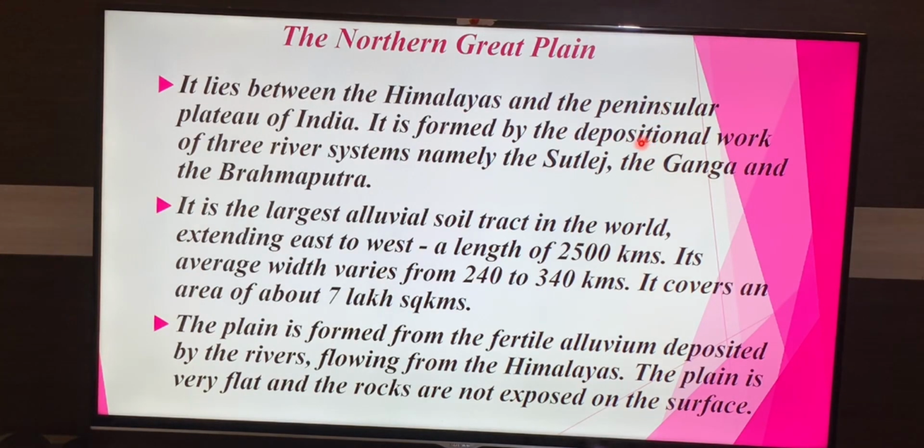The depositional work on the plain is done by three rivers, Satluj, the Ganga and the Brahmaputra. It is the largest alluvial soil tract in the world, with a length of 2,500 kilometers and a width varying from 240 to 340 kilometers.